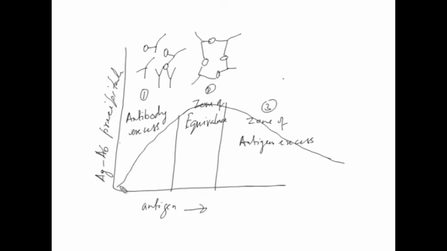In the zone of antigen excess, you will have a lot of antigens compared to the number of antibody molecules, because you have a fixed amount of antibody.